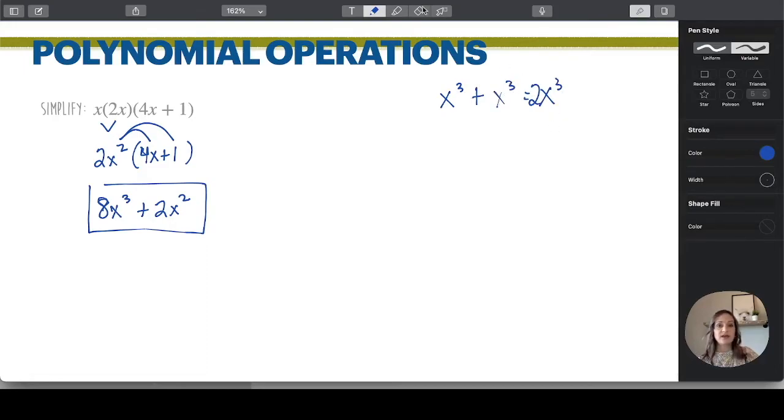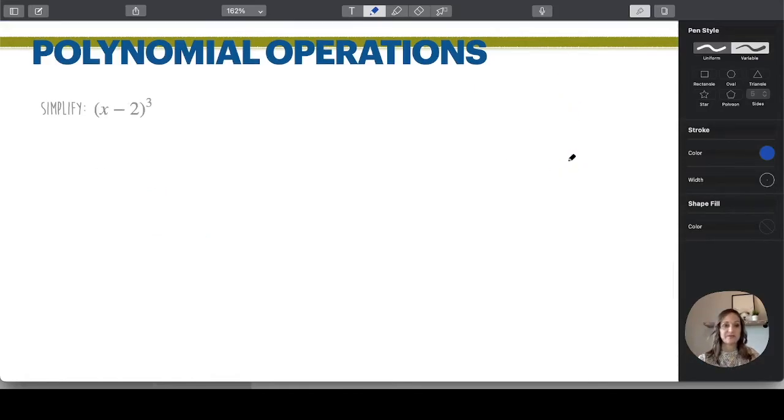It does not give you x to the 6th, so be very, very careful about that. Only terms that have the same exponent can be added. So x cubed plus x squared, you cannot do anything with. It is not x to the 5th. Do not add different exponents together.